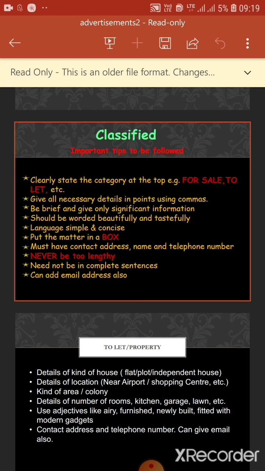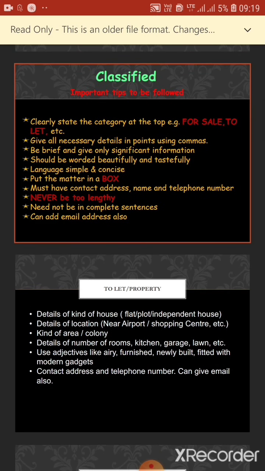Give all necessary details in points using commas. The second important point in writing a classified advertisement is that the necessary details should be written in points using commas, not sentences.